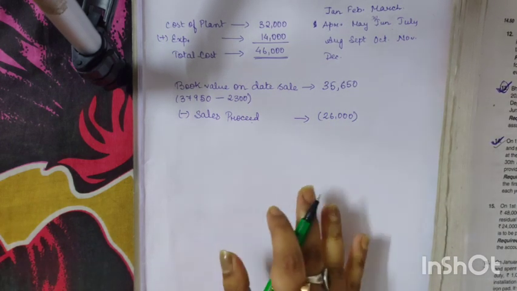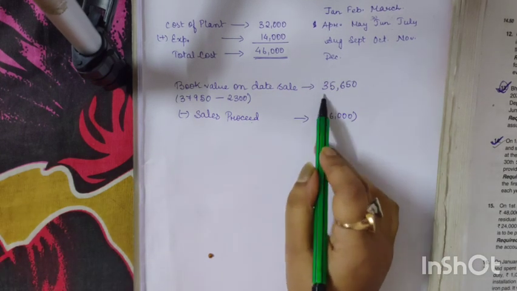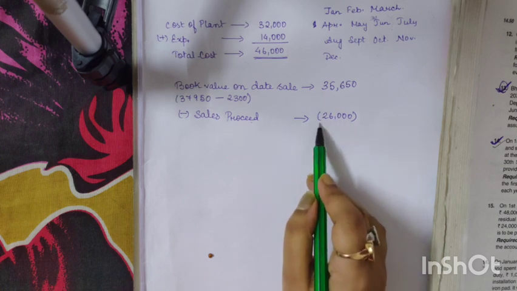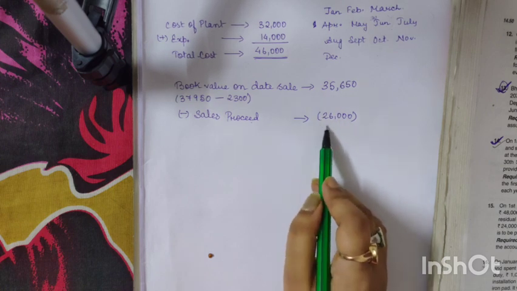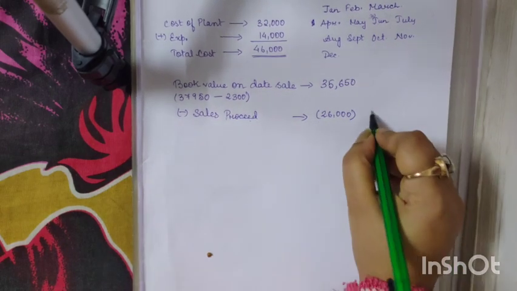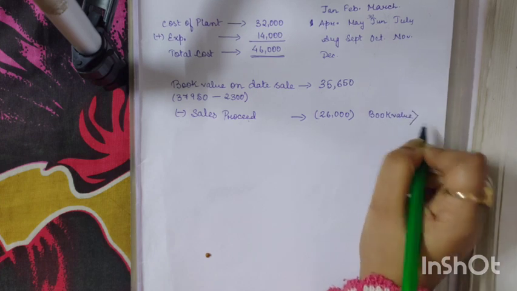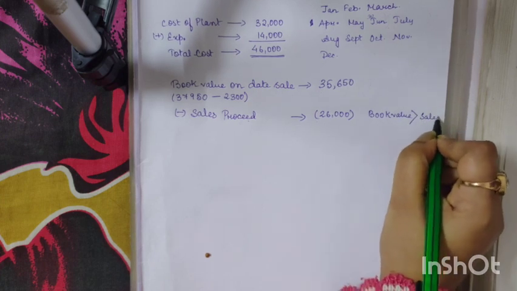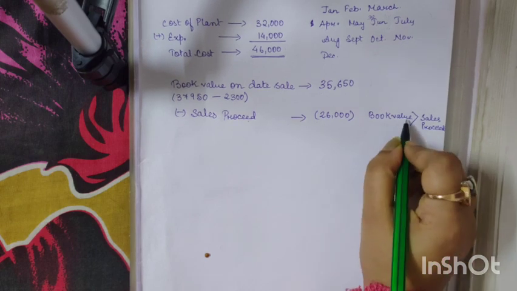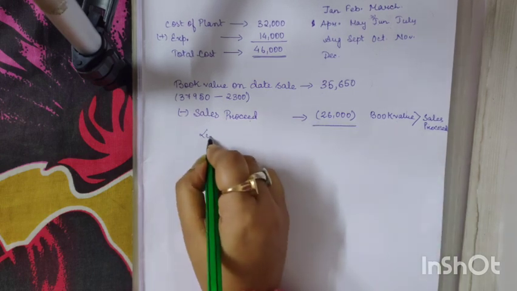Now just think from your logic that the book value is 35,650 and you have sold it at the price of 26,000. So in this case we can see that book value is more than sales proceed. So whenever the book value is more than the sales proceed, then obviously there will be loss.